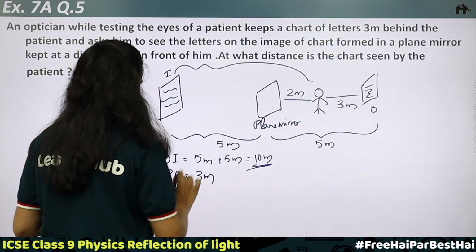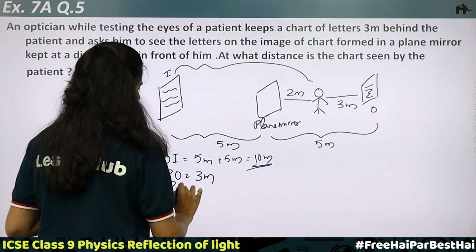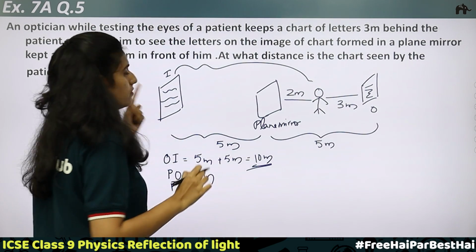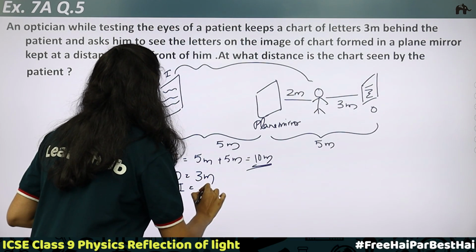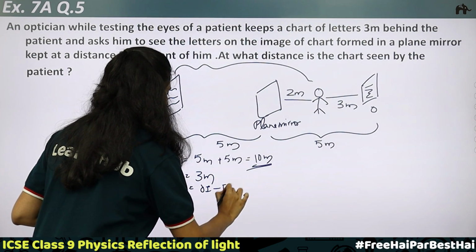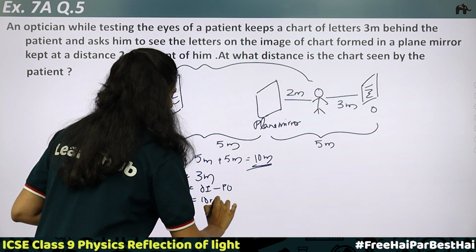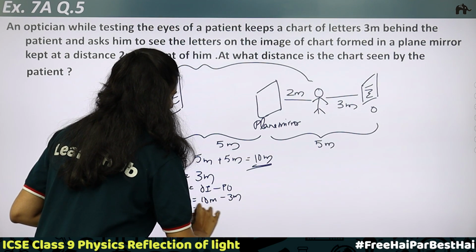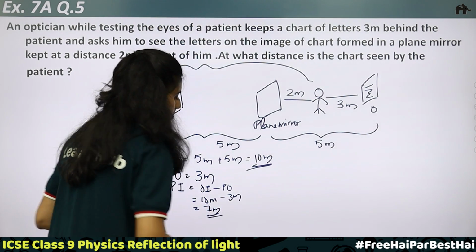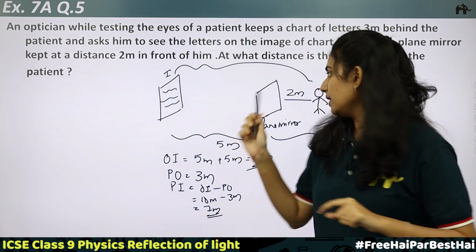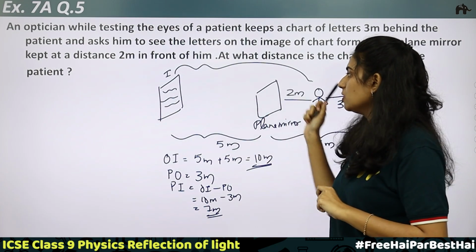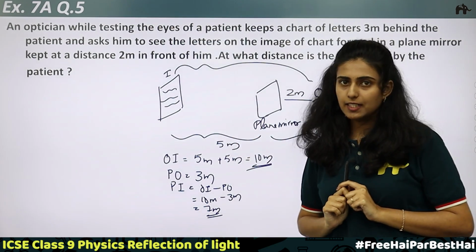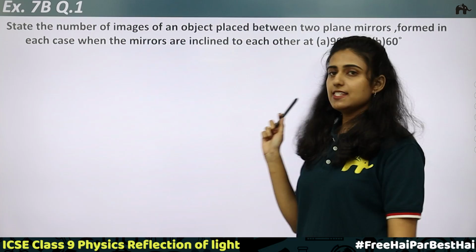Then you will get PI, the distance of the image of the chart from the patient, equal to OI minus PO, 10 meters minus 3 meters, equal to 7 meters. So, 7 meters is the distance of the patient from the image. At a distance of 7 meters, the patient is able to see the chart. Clear? Now, let us do questions from exercise 7B.